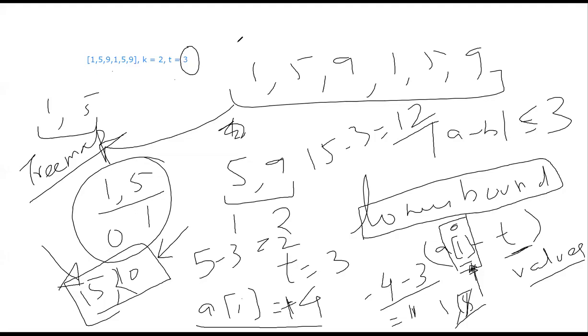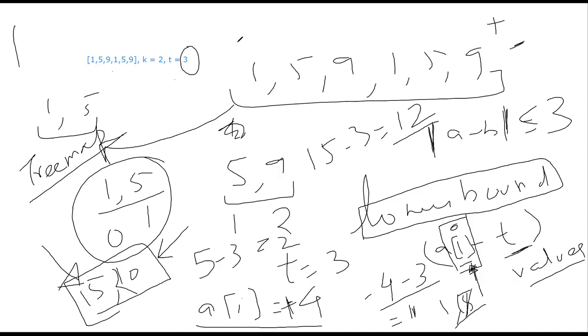And once we find the difference is less than or equal to t, we will return. But then we are missing one point. So we have to look at the absolute value. For absolute values, it can come from a positive side or a negative side.